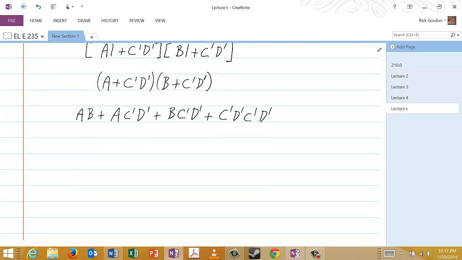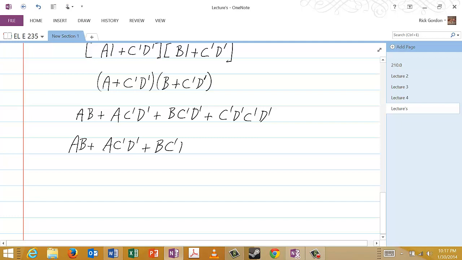And probably some of you can do this more quickly, but I'll go ahead and spell out every step. So we have AB, or A C complement D complement, or B C complement D complement, or C complement C complement D complement D complement. Remember, we can do that because ANDing is commutative, so we can change the order.